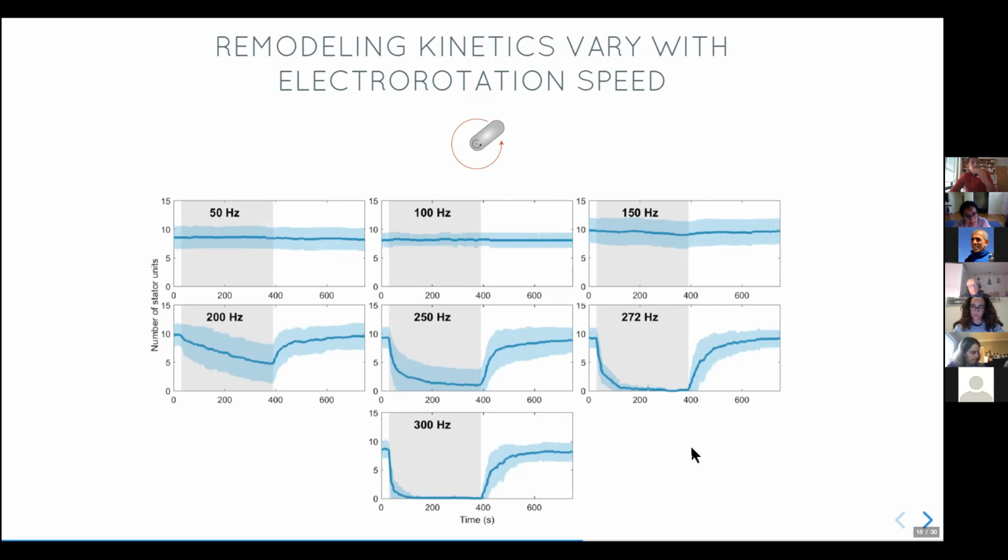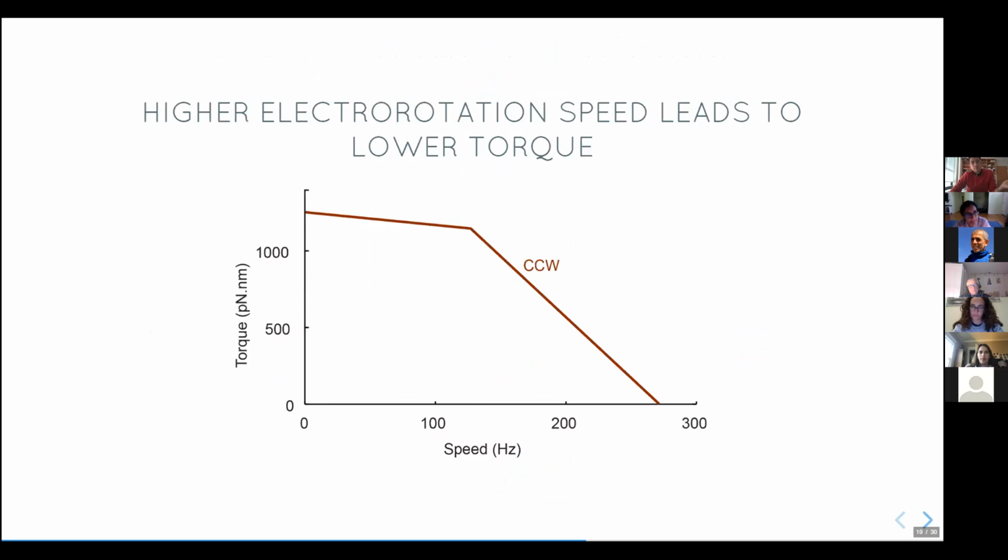And to understand this result, we have to go back to this torque speed relationship that I showed you earlier, which tells us how much torque the motor produces at different speeds. So what we are doing when we are increasing the electrorotation speed is that we are reducing motor torque. And this reduction in torque is what then leads to this remodeling kinetics that we see.